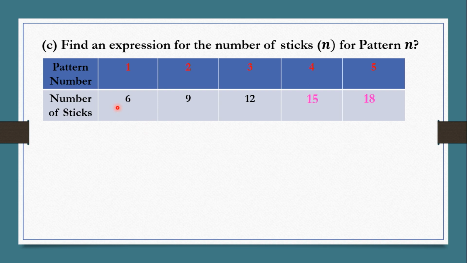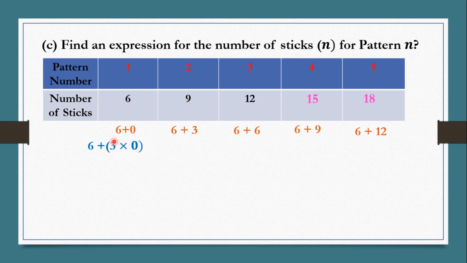I'm going to rewrite these numbers in terms of the first one, that is in terms of 6. So this is 6 plus 0, 6 plus 3, 6 plus 6, which is 12, 6 plus 9, and 6 plus 12.